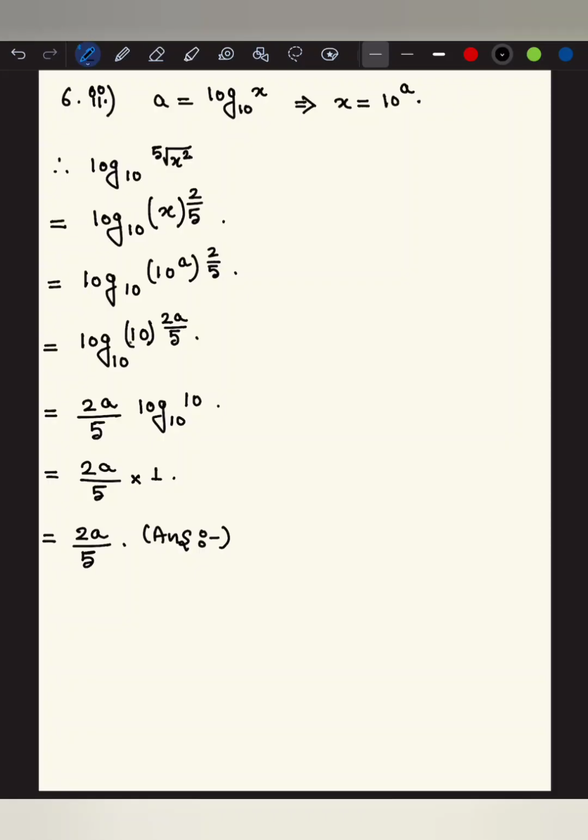So it is equal to log of 10 to the power 2a by 5, because this a gets multiplied by this 2 by 5, so it becomes 2a by 5 base 10. So we can directly write it as 2a by 5. We don't have to do all these things because we have already done it. So this becomes 2a by 5 and this will be our answer.